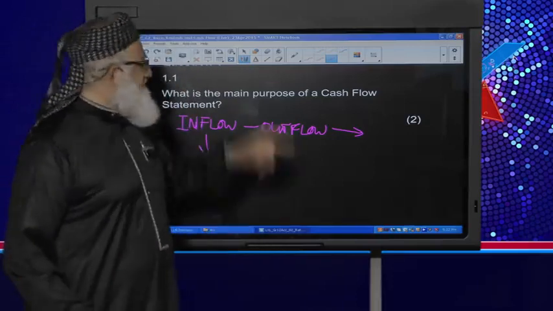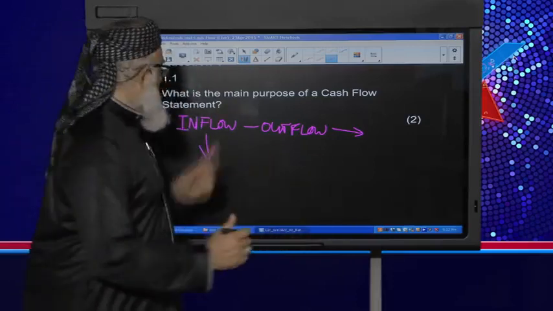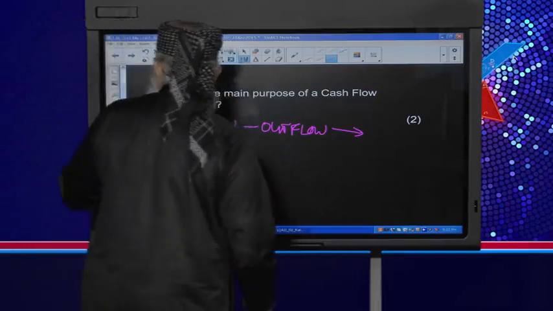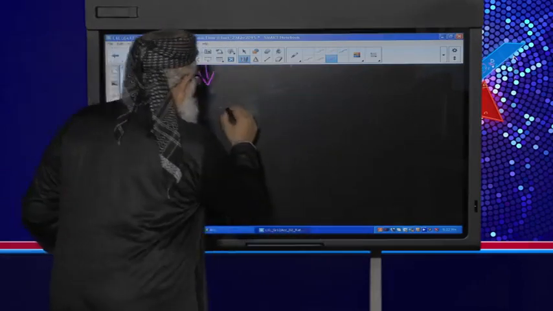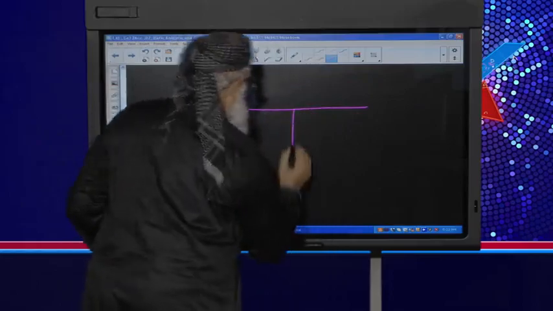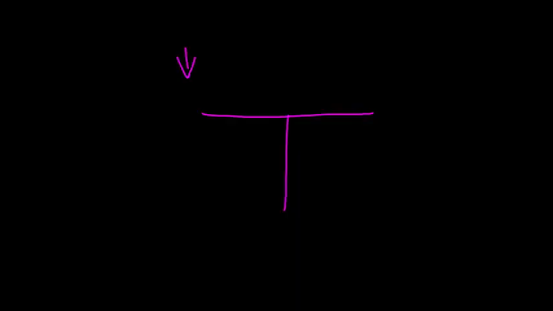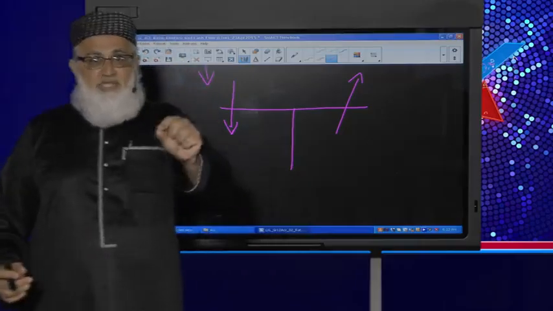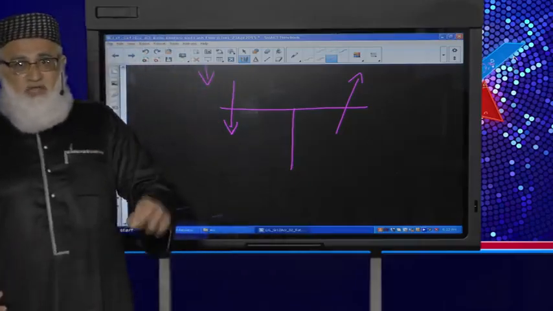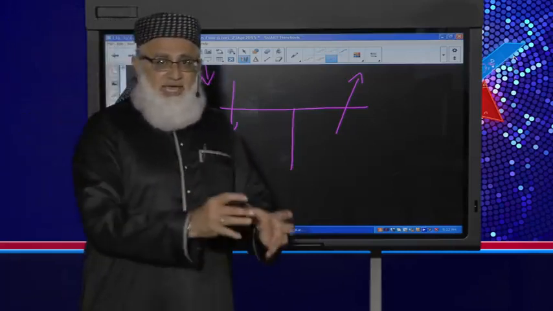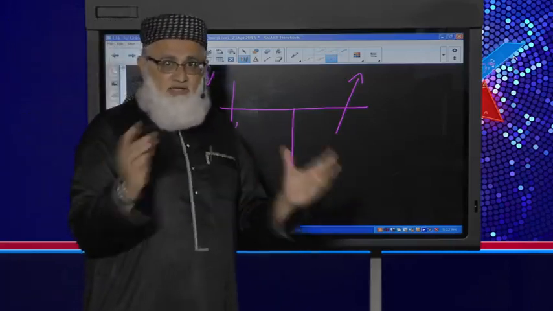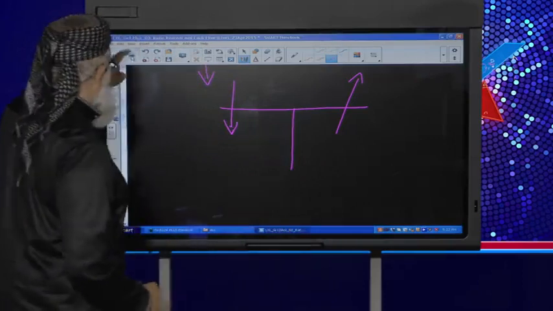What is the main purpose of a cash flow statement? In other words, if you look at your bank account, you want to know what was my inflow of cash and what was my outflow of cash. Clearly you can see that your cash flow statement explains to you the reason for the change in cash and cash equivalents. Got that? Right, let's move on.